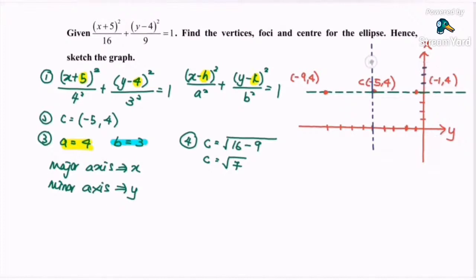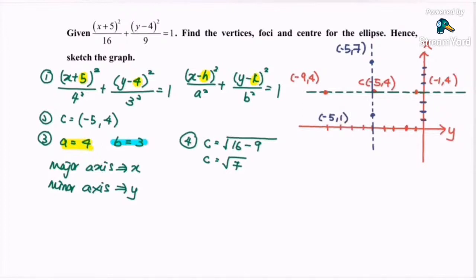So here will be the location for the minor vertex, and we will have -5 and 7. Again, repeat the situation. Now we are shifting downwards for 3 units, where we will have 4, then 3, 2, 1. So here we have the minor vertex and name it as -5 and 1.